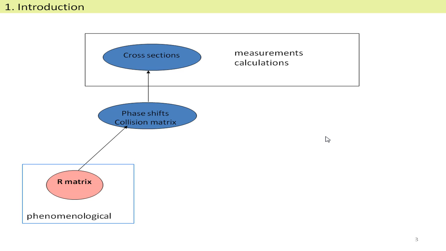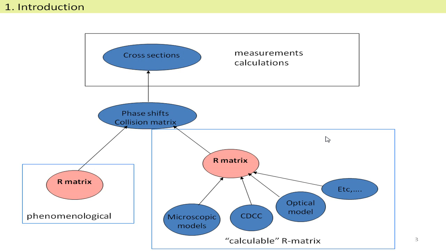And this phase shift can be obtained either from phenomenological theories like the R-matrix, or from some theories. And you have here various theories like microscopic models. I will talk about microscopic models on Wednesday. CDCC, you have heard about that. The optical model potential, and probably other methods.